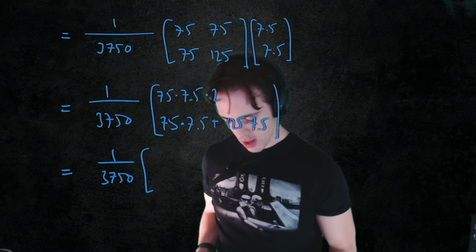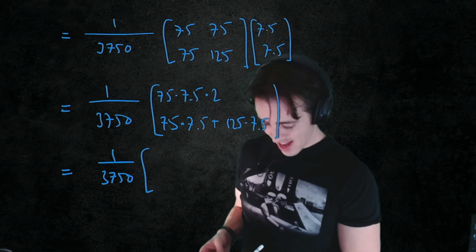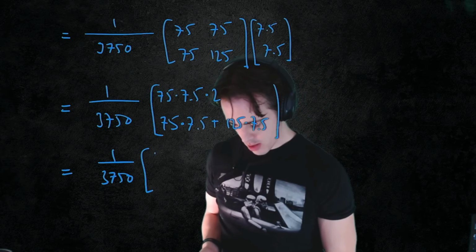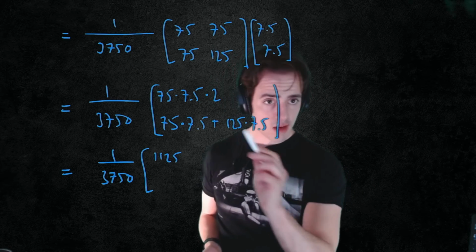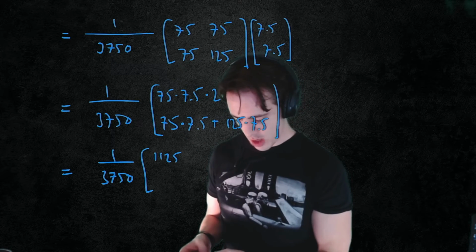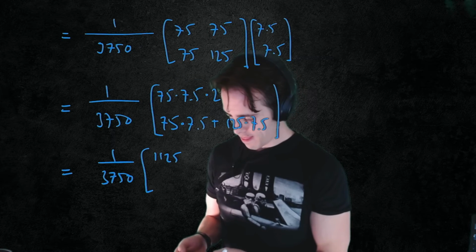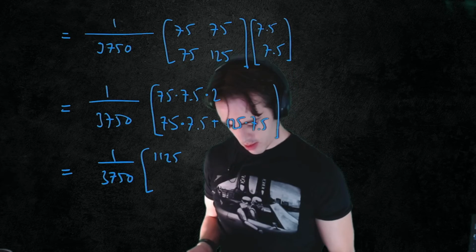Now my 75 and my 7.5 times tables aren't particularly good, so let's put these together. 1125, and then I've got 75 times 7.5 plus 125 times 7.5 gives me 1500.